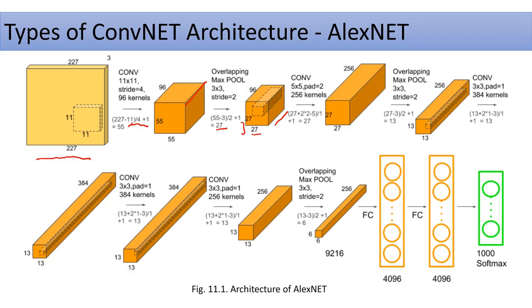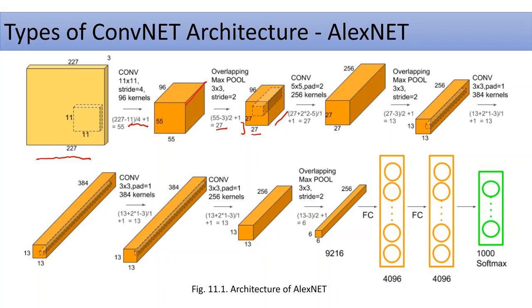So after max pooling, we will again do the convolution, but this time we will decrease the size of our filter. So instead of the 11 by 11 that we had used earlier, we will use a 5 by 5 kernel, and we will use 256 such kernels. We will also do a padding of 2. This is done just to keep the size of the feature map same as the size of the input.